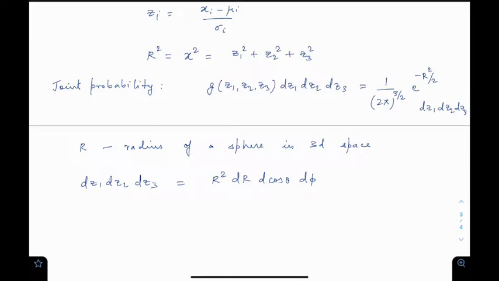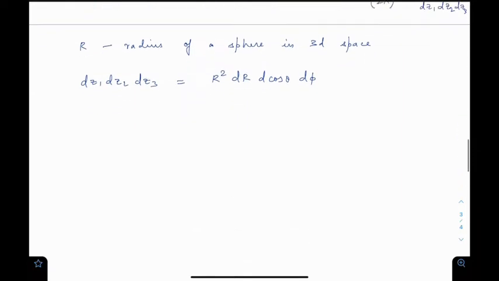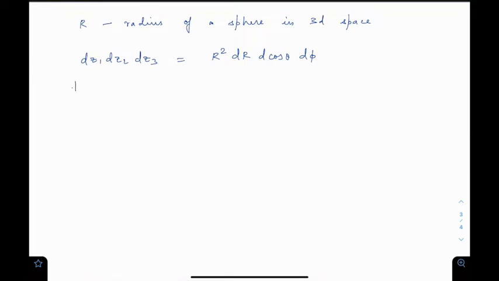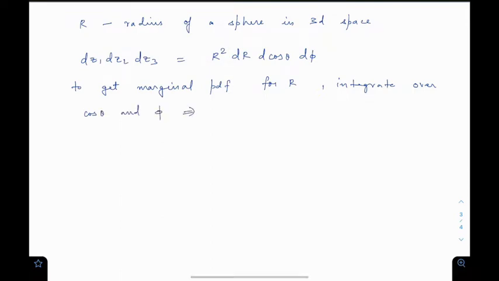Now to get the marginal PDF for only r, you must integrate over cos theta and phi, which basically yields a factor of 4 pi.